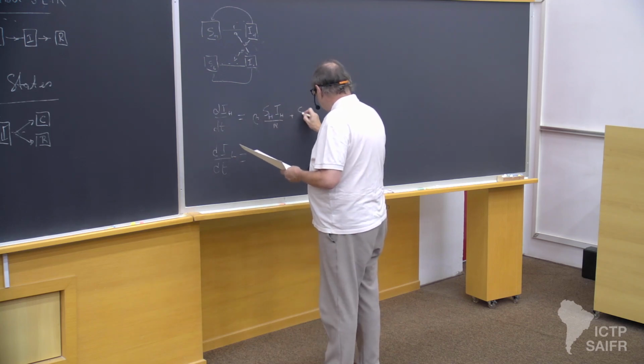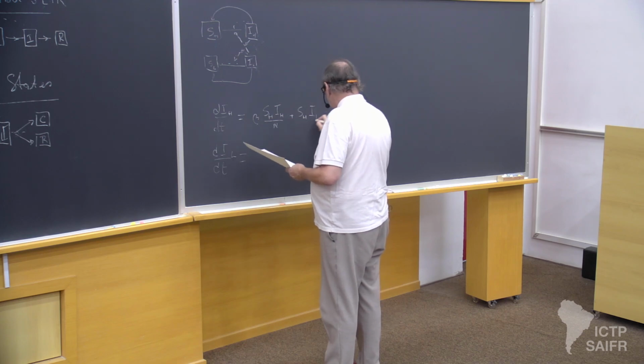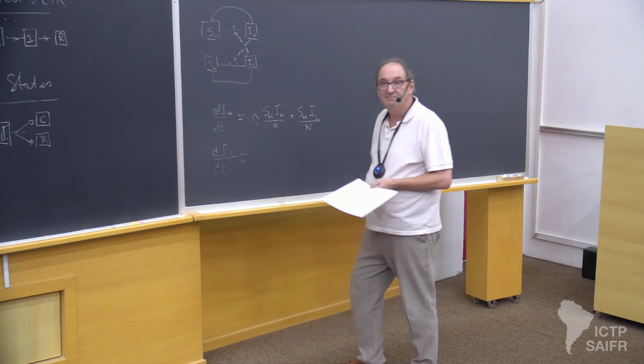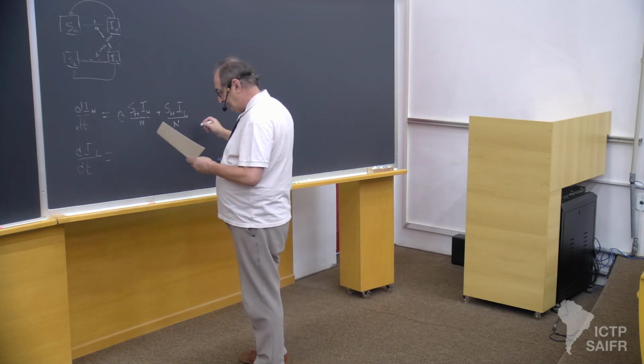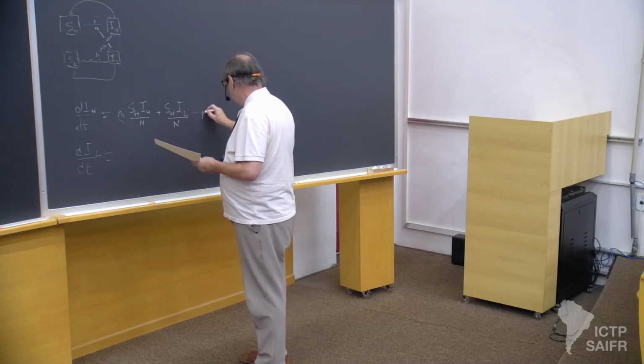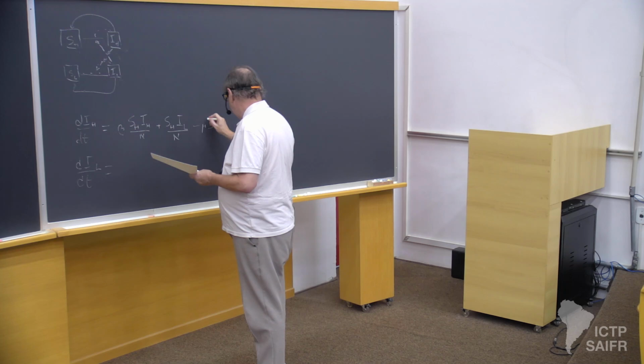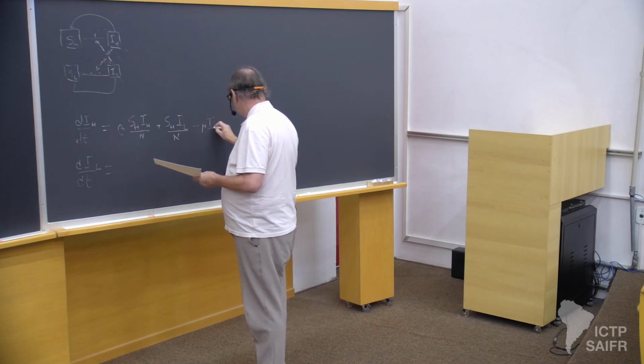Then I would also have the high risks in contact with the low risks. Right? And then you can also have minus mu I high risk going back to S.